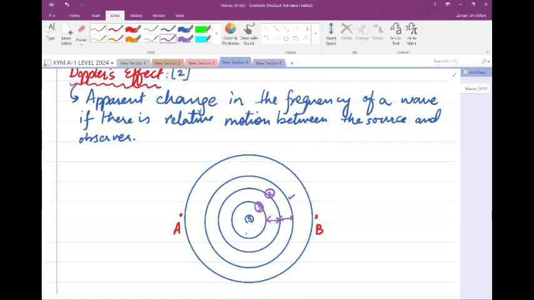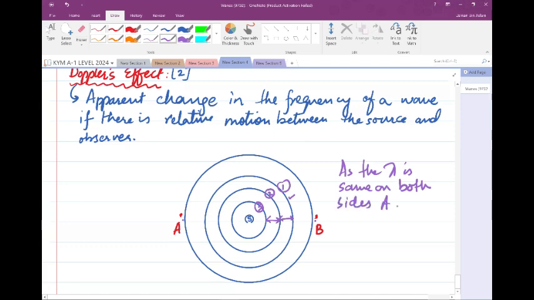Okay, that means wavefront 1, wavefront 2, and wavefront 3 are going to reach observer B, and they're also going to reach observer A. As the wavelength is constant, as the wavelength is the same on both sides, A and B both observe the same frequency.